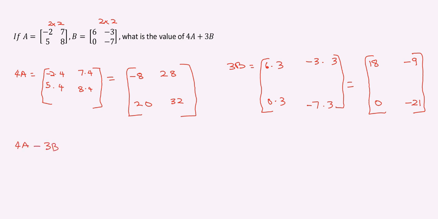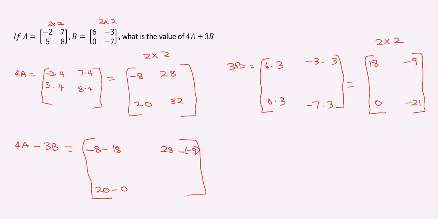So now we're going to have 4A minus 3B. The first step is going to be looking at the size of the matrix. So there we have 2 rows by 2 columns. We have 2 rows by 2 columns, so we can do a subtraction. So we have negative 8 minus 18, 28 minus 9, 20 minus 0, 32 minus 21.